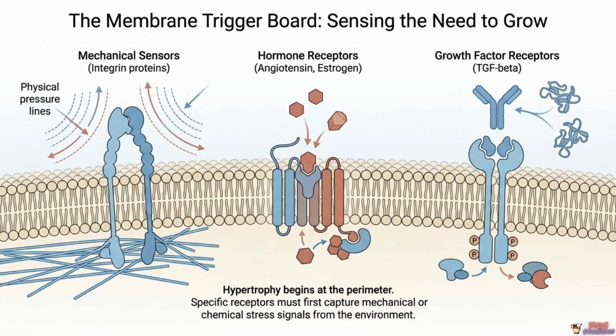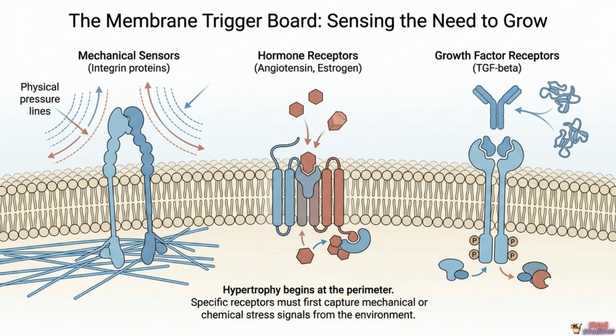Now we go deeper into the molecular machinery of hypertrophy. How does the cell actually sense that it needs to grow? The answer begins at the cell membrane, which functions as a sophisticated sensory trigger board, continuously monitoring the cell's external environment for stress signals. There are 3 key receptor systems involved.